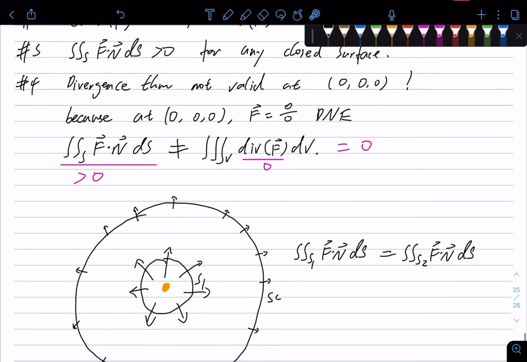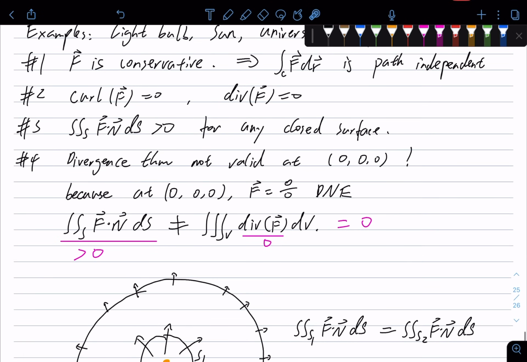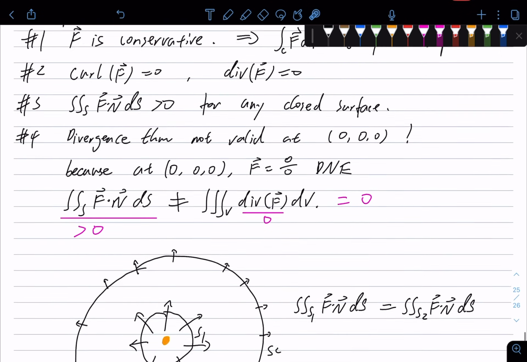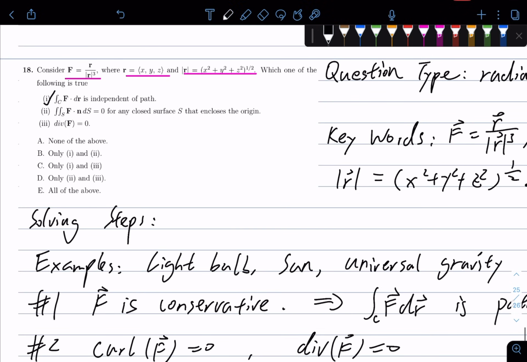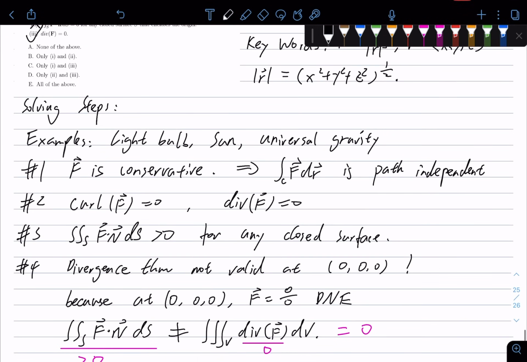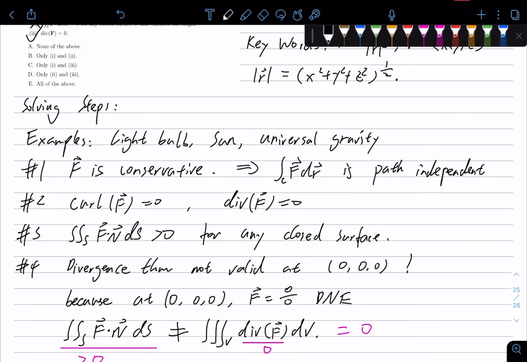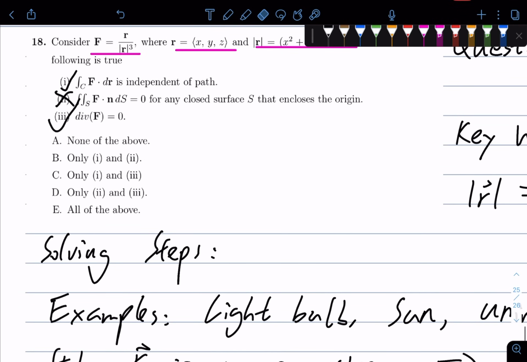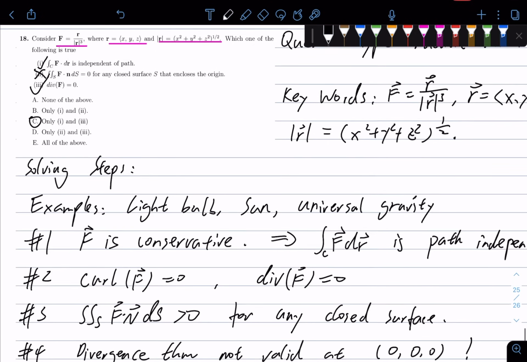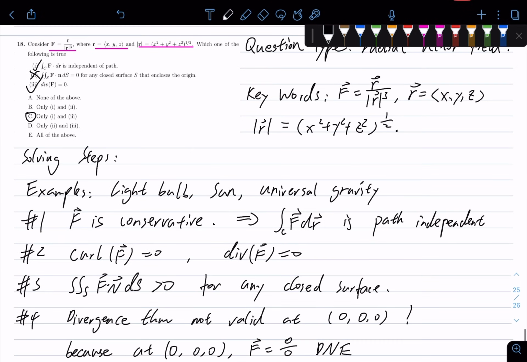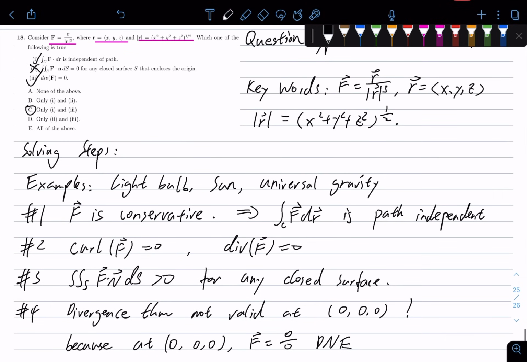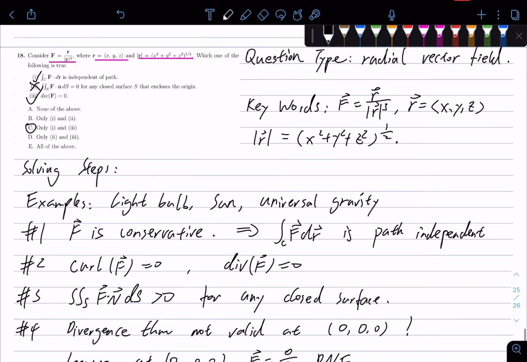There's no way that the surface integral is equal to 0 for any enclosed surface. So this is not true. And then the divergence of F equals 0. That's just the definition as we have discussed. So the correct answer is C. Once you understand and memorize these definitions, the radial vector field problem becomes very easy to solve.